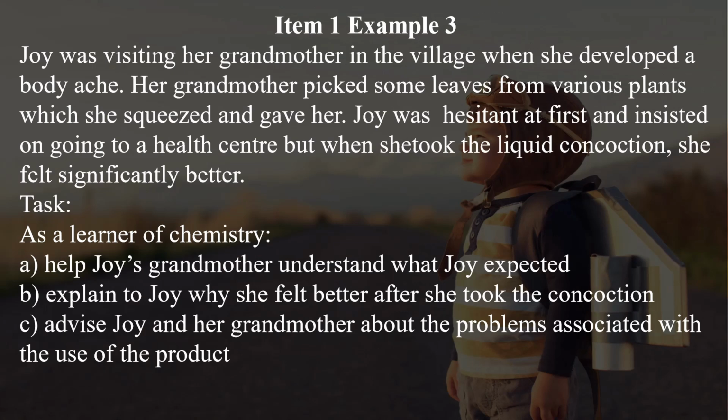Joy was hesitant and at first insisted on going to the health center, but when she took the liquid concoction, she felt significantly better. As a learner of chemistry, help Joy's grandmother understand what Joy expected. Explain to Joy why she felt better when she took the concoction. Advise Joy and her grandmother about the problem associated with the use of the product.